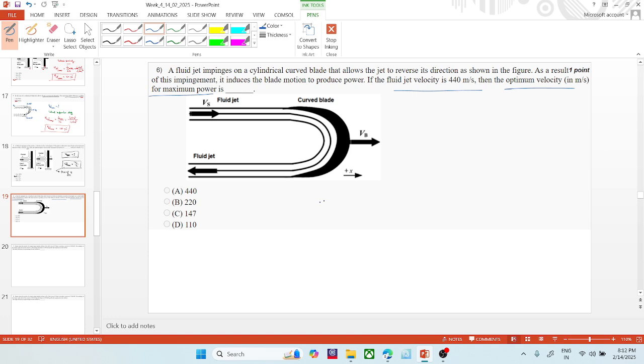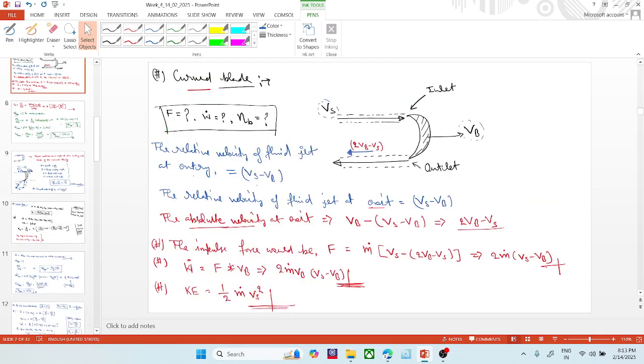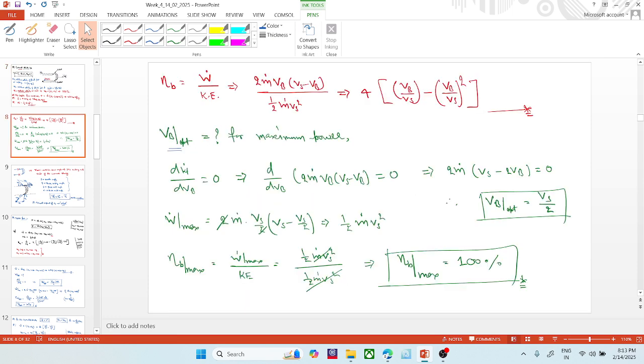So this thing we also have done. It is given that Vs is equal to 440 meter per second, and in this slide we have seen that the optimum blade velocity would be half of the jet velocity.